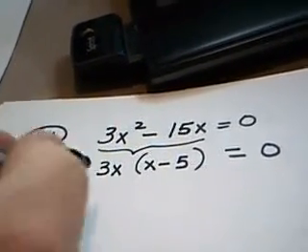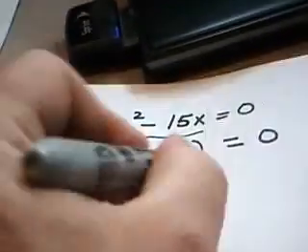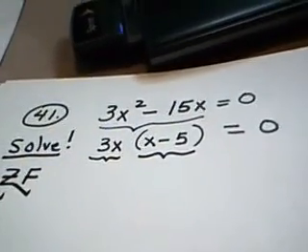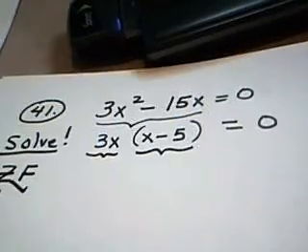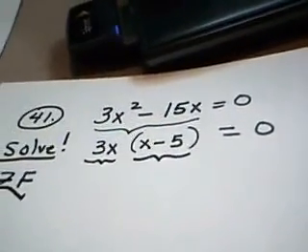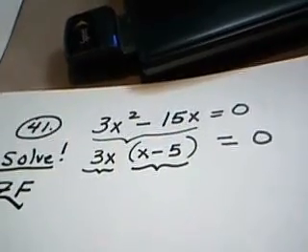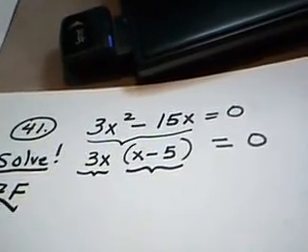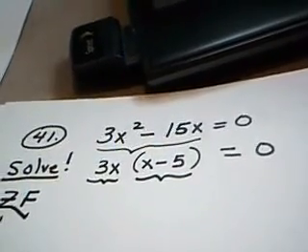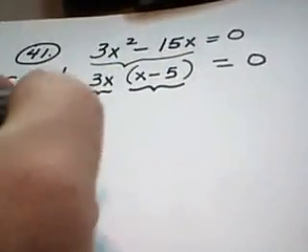Now remember, if two factors are multiplied together to give you 0, think about how that could happen. If two factors are multiplied, that's why they're factors, and give you the answer 0, the only way that could possibly happen is if one or both of those factors are 0. So we set up our two cases.